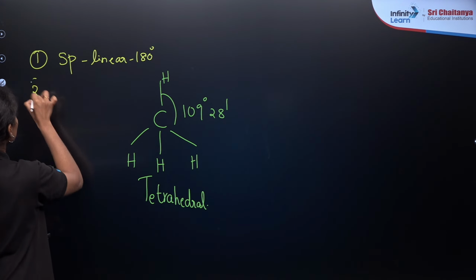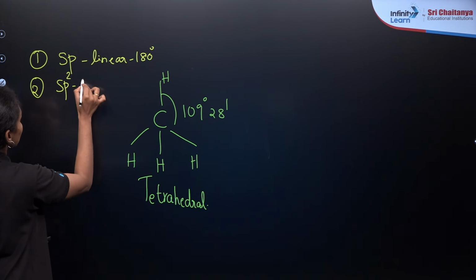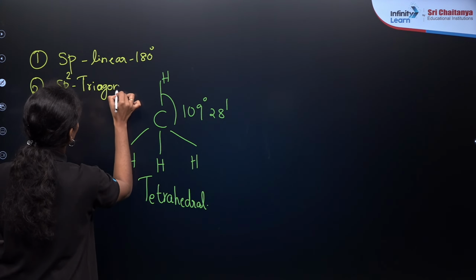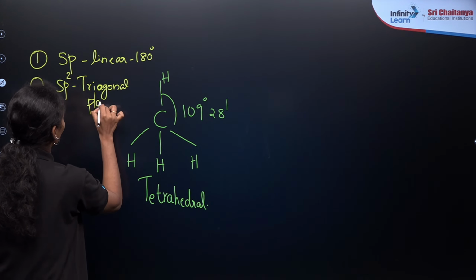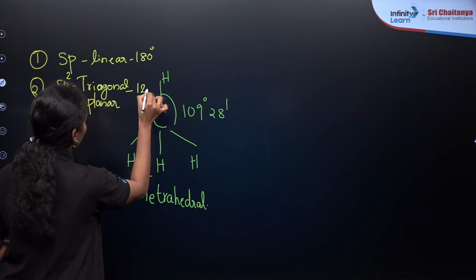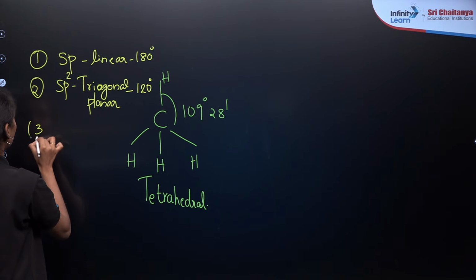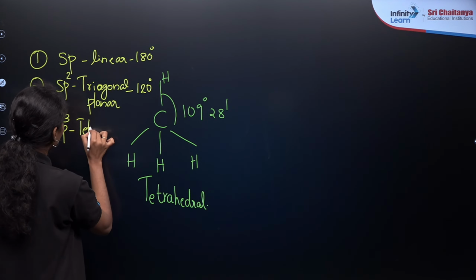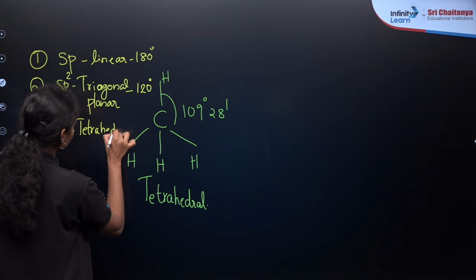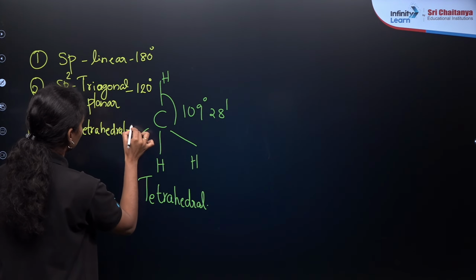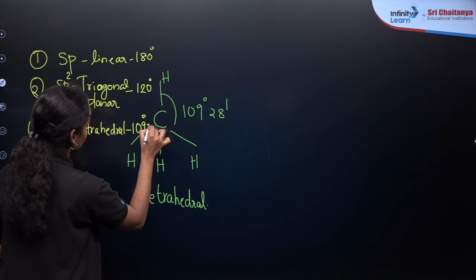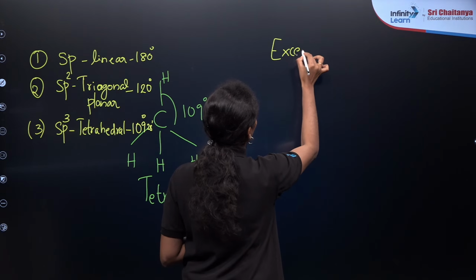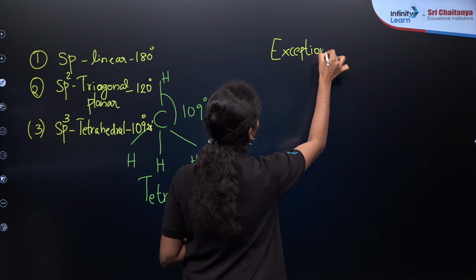In sp2 hybridization, the shape is trigonal planar and the bond angle is 120 degree, right? And the last one is sp3 hybridization. The shape is tetrahedral and the bond angle is 109 degree 28 minutes. Again, some exceptional cases are there, for example the water molecule.